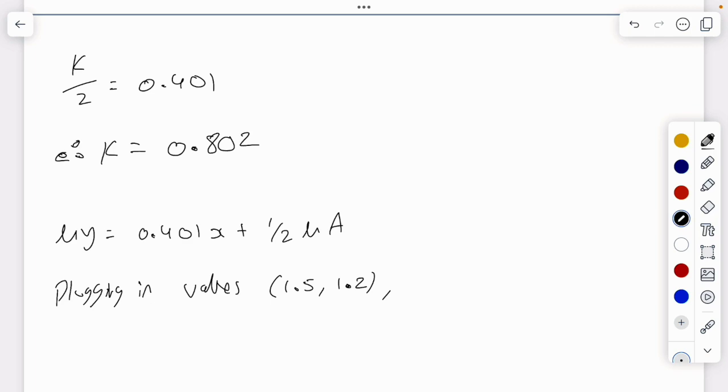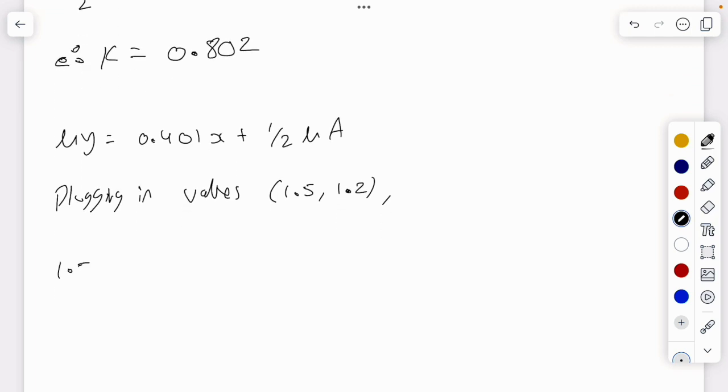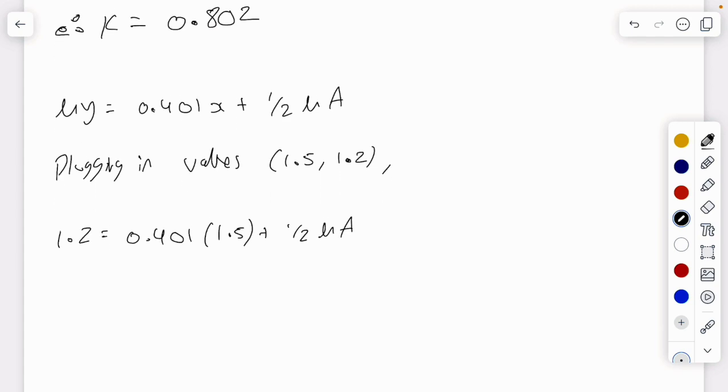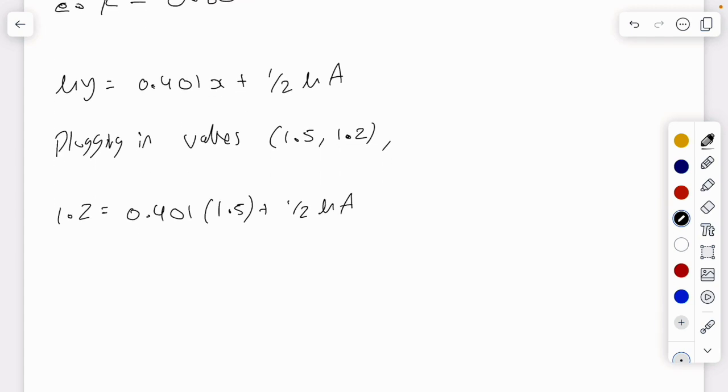So what we're going to get is 1.2 is equal to 0.401 times 1.5 plus half ln a. And now from here, I can therefore say that ln a is going to equal 1.197.